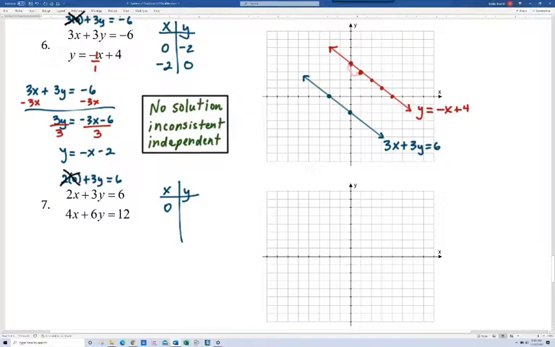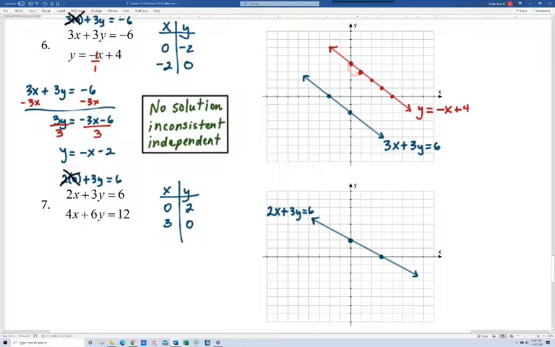This zeroes out, and you're left with 3y equals 6, and that means y would be 2. Similarly, if I let y be 0, so just put a 0 in here, you would get x equals 3. And so let's go ahead and graph that line.